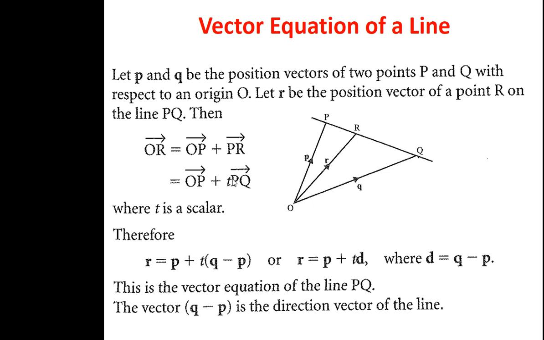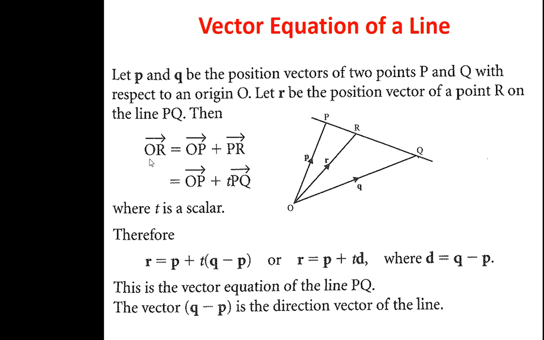So therefore, if you write it in terms of the bold lowercase vectors, R equals P plus T of Q minus P, because Q minus P is PQ. See PQ here is the same thing as negative P plus Q, which is a nicer way of writing it, Q minus P. So notice OP is P, so they're just replaced.